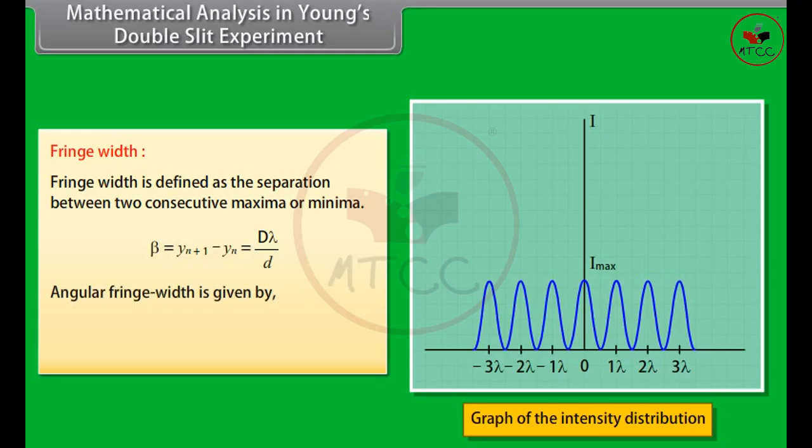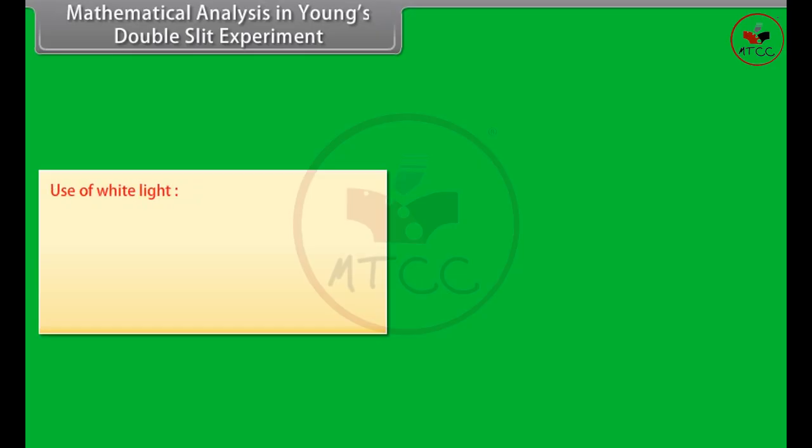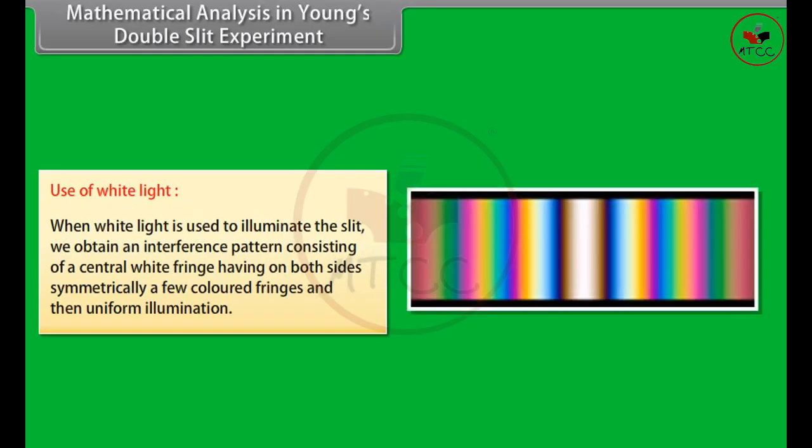Angular fringe width is given by beta upon D, which is equal to lambda upon d. Use of white light. When white light is used to illuminate the slit, we obtain an interference pattern consisting of a central white fringe having on both sides symmetrically a few colored fringes and then uniform illumination.